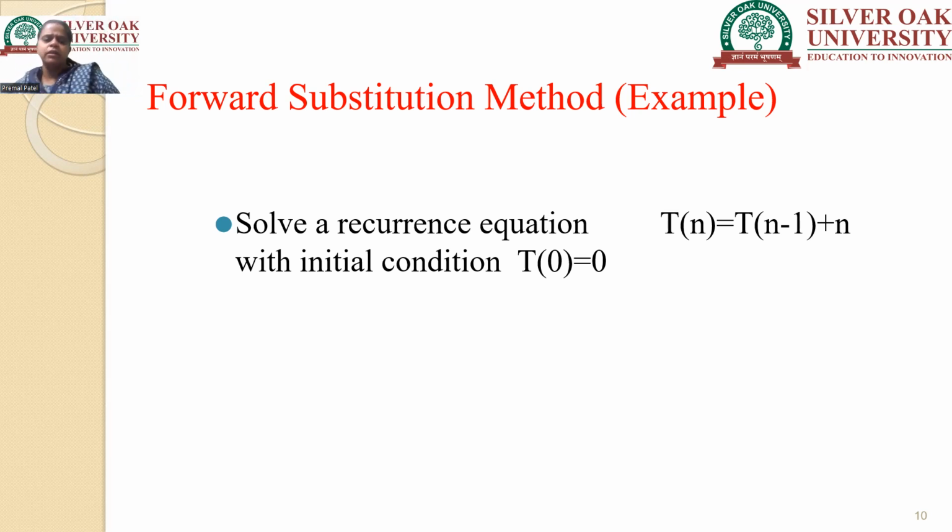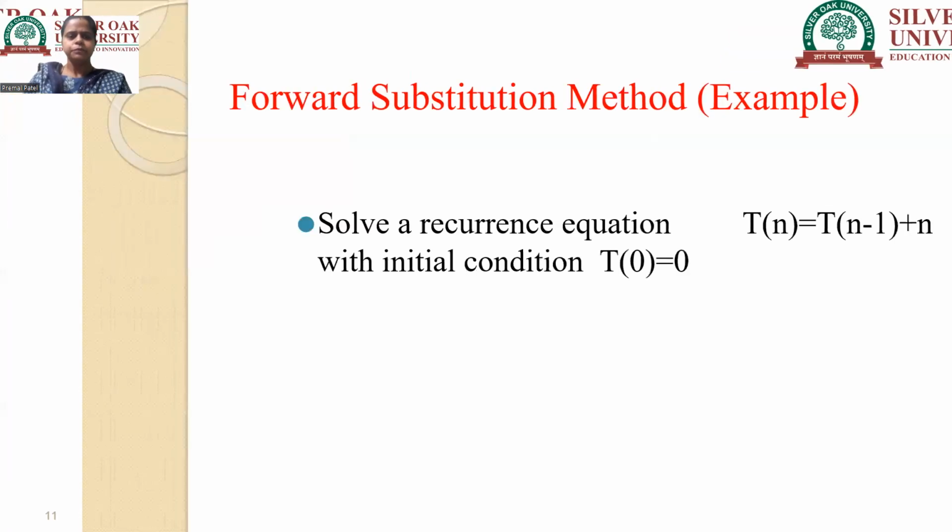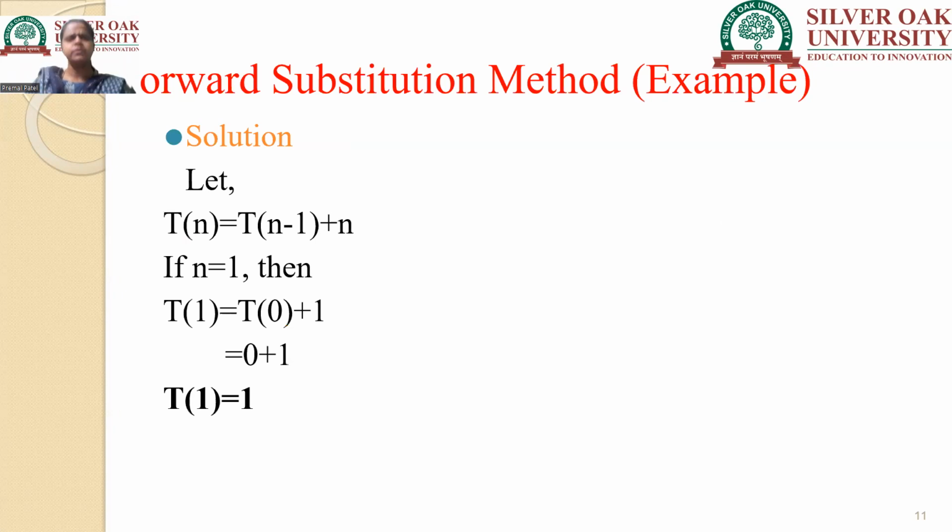Solve the recurrence equation T(n) = T(n-1) + n with the initial condition T(0) = 0. Now we will solve it using the forward substitution method.